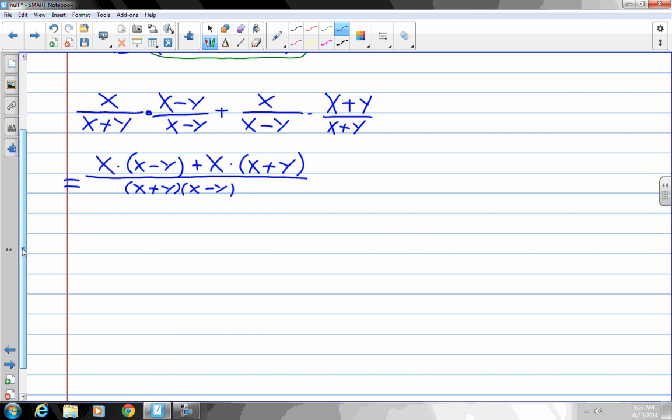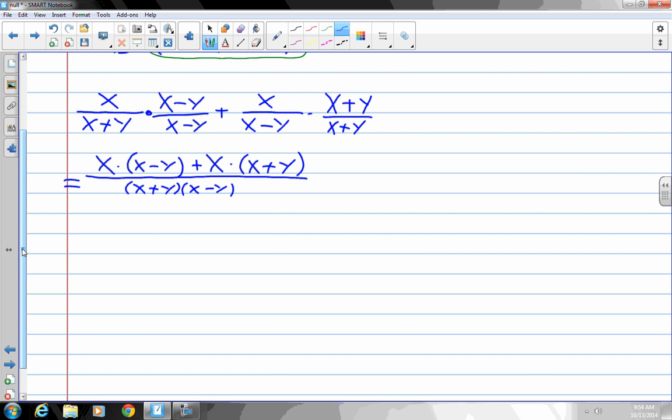So there's no reason for me to FOIL this denominator in order to factor it later and try to reduce it. Keep things factored, right? So the denominator is factored. The numerator is not factored. The numerator is the addition of two expressions. So what I should do is open up parentheses, combine like terms, and then hopefully reduce it, right?